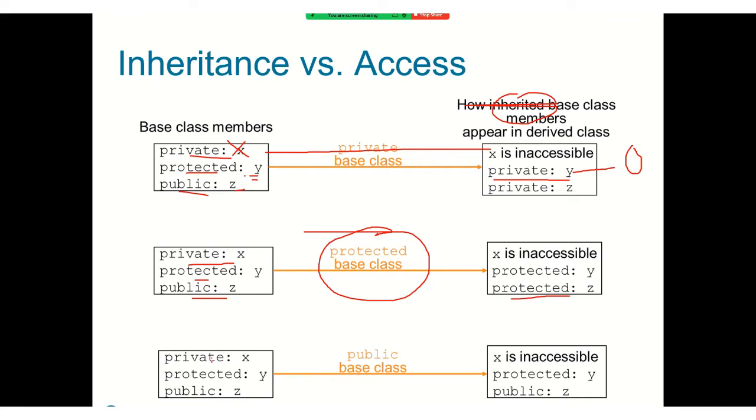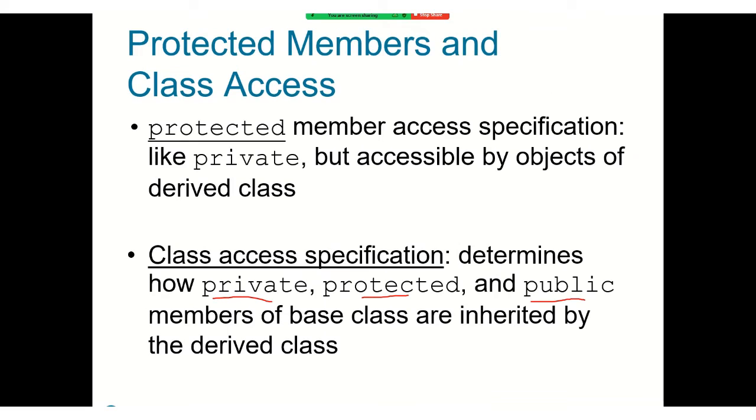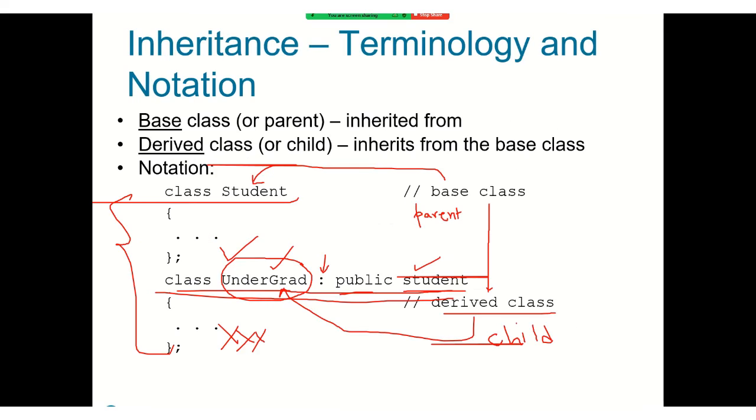Now, if you have private, protected, and public, what happens? For a public base class, the base class you define does not necessarily have to be public. It can be private, it can be protected.